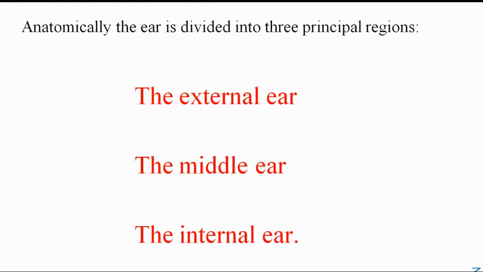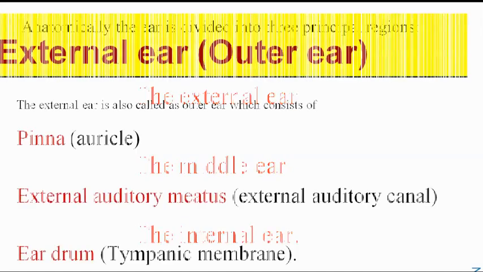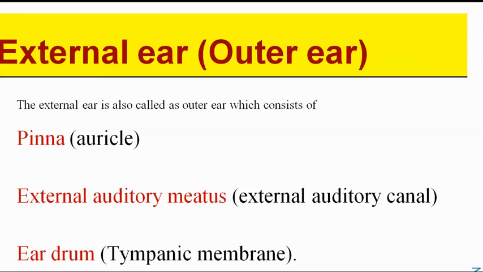Anatomically, the ear is divided into three principal regions. That is, the external ear, the middle ear, and the inner ear or internal ear.